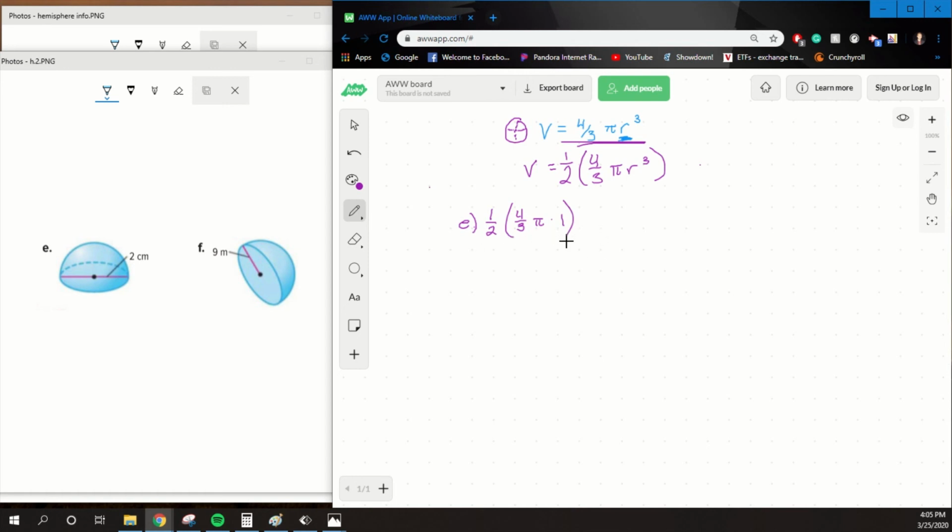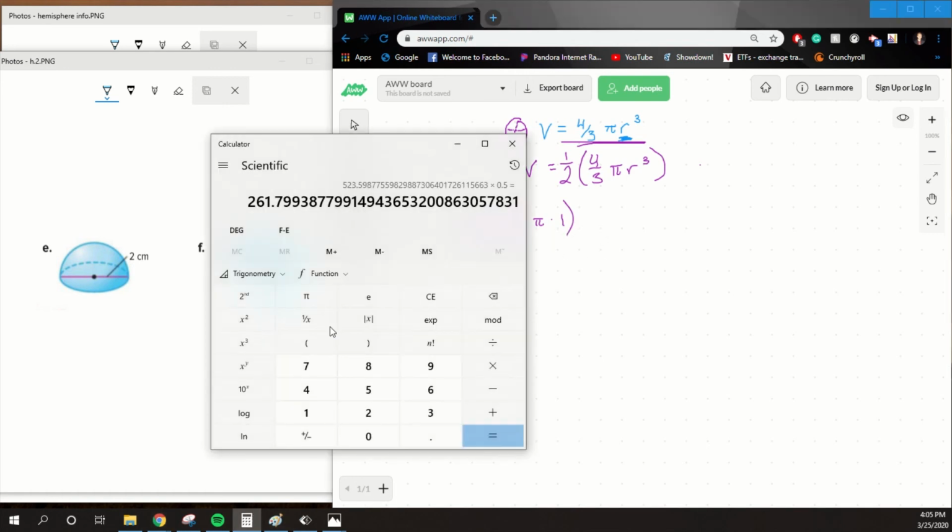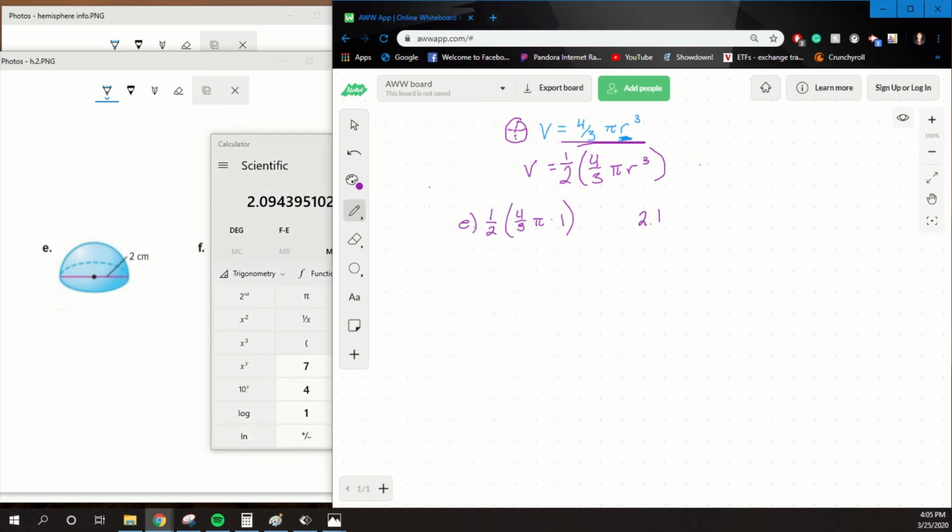So really, I'm just multiplying pi times 4/3, which is 1.3 repeating, times that half, or 0.5. And we get, when we round to the nearest tenth, 2.1. So 2.1 centimeters. Am I squared? No, I'm not squared. I'm talking about volume. I'm cubed. So 2.1 centimeters cubed.